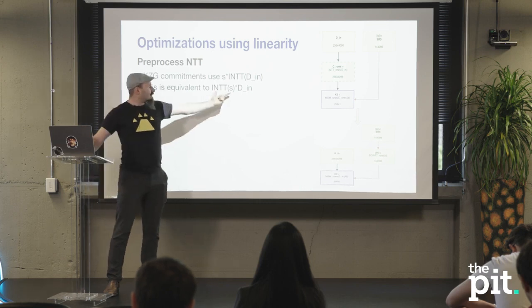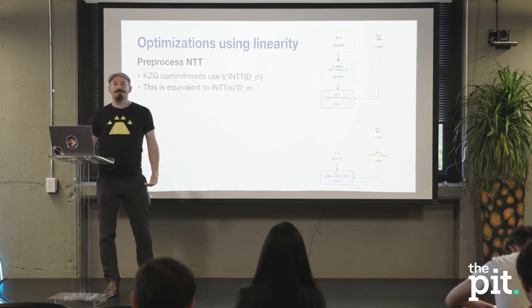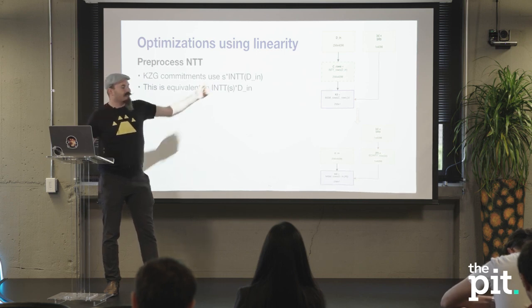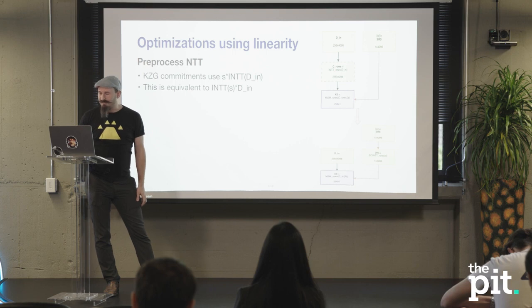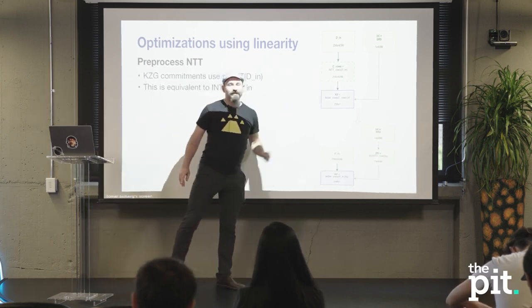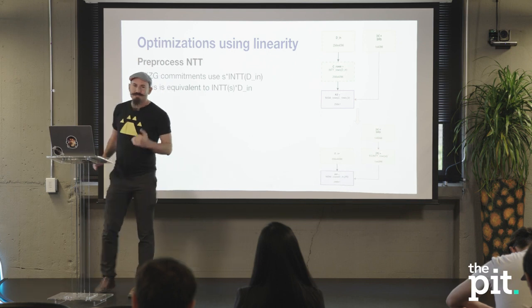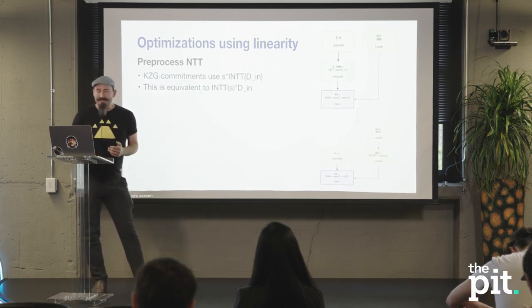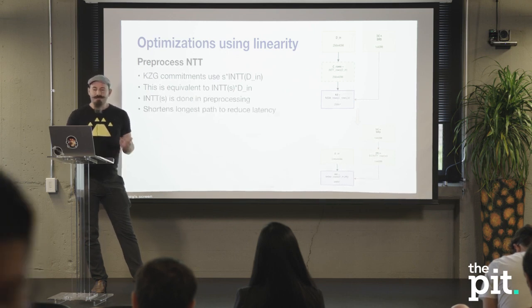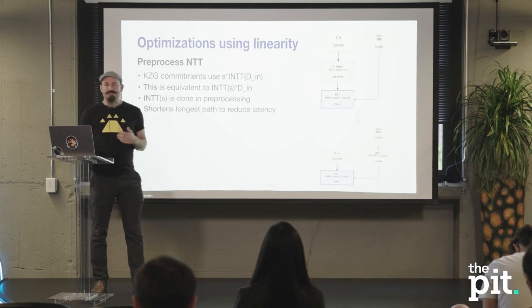This part, the inverse NTT of S, we can now do in preprocessing, and thus we save doing the inverse NTT. Now you can say that this doesn't really matter because we're going to need this action of inverse NTT of the data in the interpolation branch anyway, and that is true. So what we really are saving here is we're shortening the longest path to reduce latency.